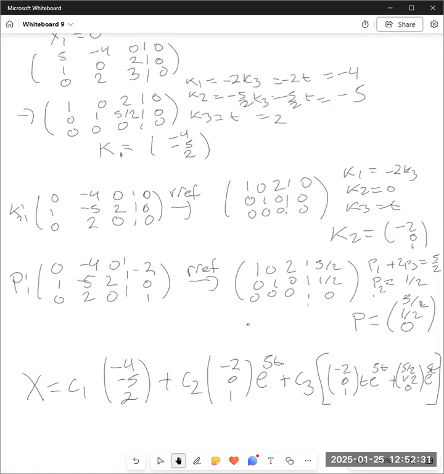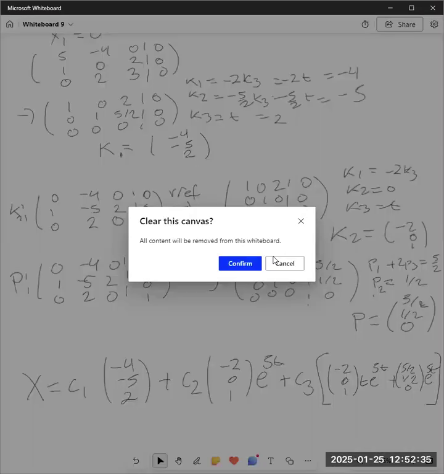One more for you. That's going to be number 29. X prime equals 1, 0, 0, 2, 2, negative 1, 0, 1, 0, times x.